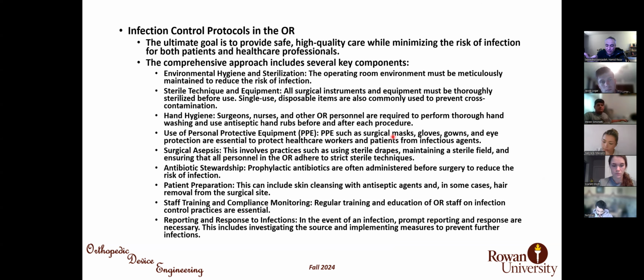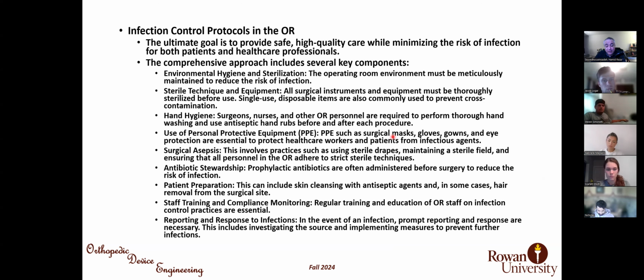So the patient must have a shower before surgery, and also the hair must be removed from the surgical area. The hair removal is very strict. Each hospital and each surgeon has some rules for hair removal. If there is any nail polish, it should be removed. The nails must be clipped, and these are the rules for the patient.